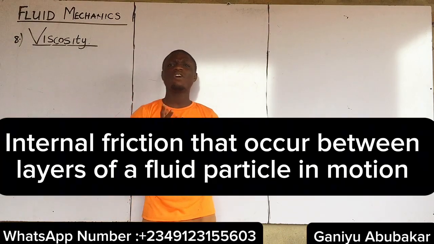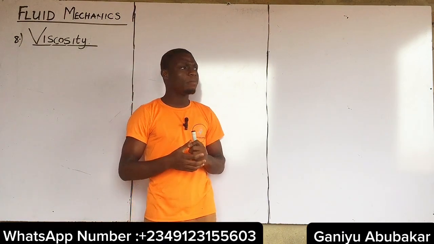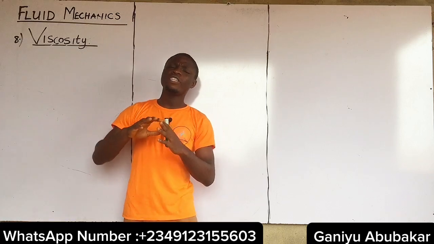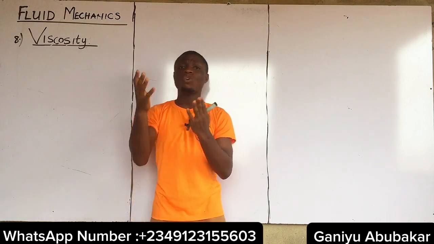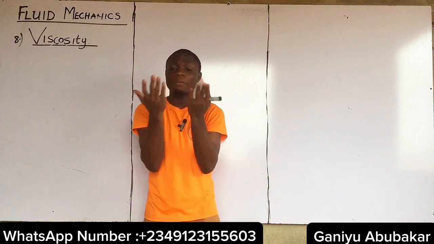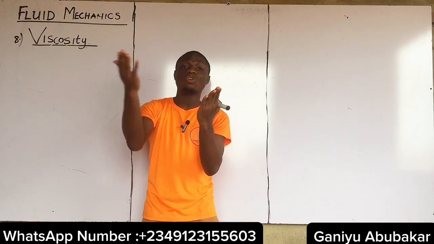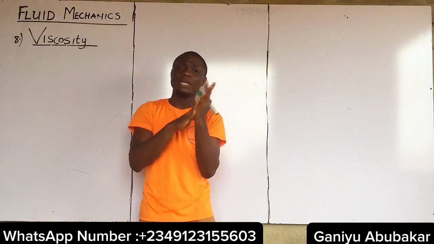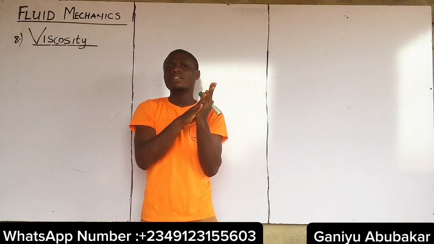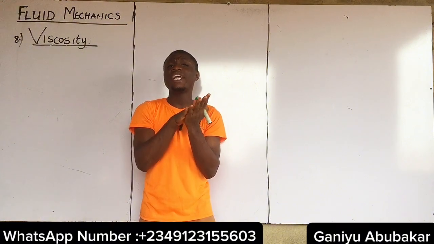So let me explain the idea of viscosity. In a normal real life sense, if I take two objects, let's say my hands are the two objects, and I keep on rubbing them together, in the long run it will create heat.